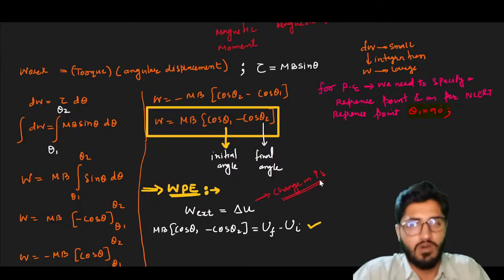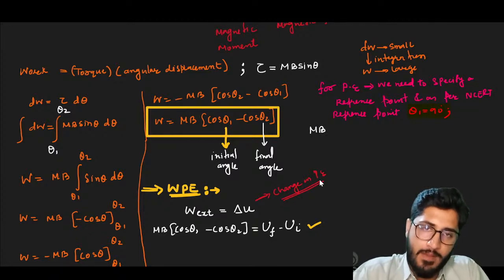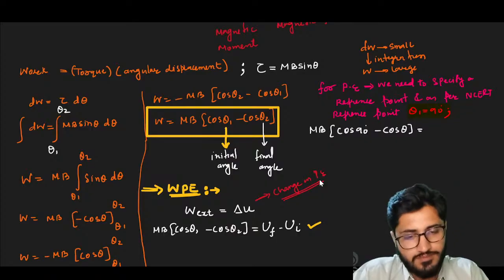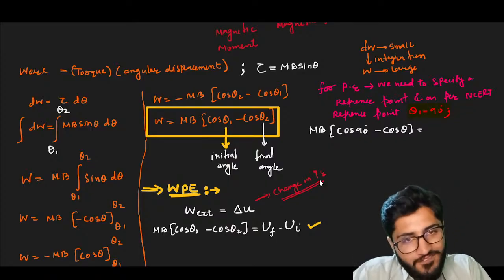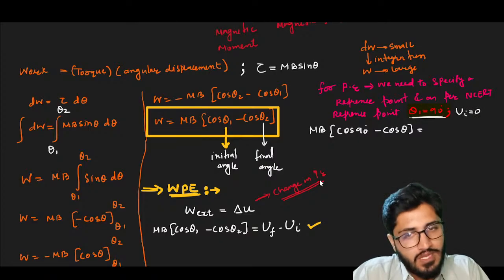So now can I write here MB (cos 90 minus cos theta)? Done. At the reference point where theta is 90, as per NCERT, potential energy at this instant is 0. Can I write now U final minus 0?